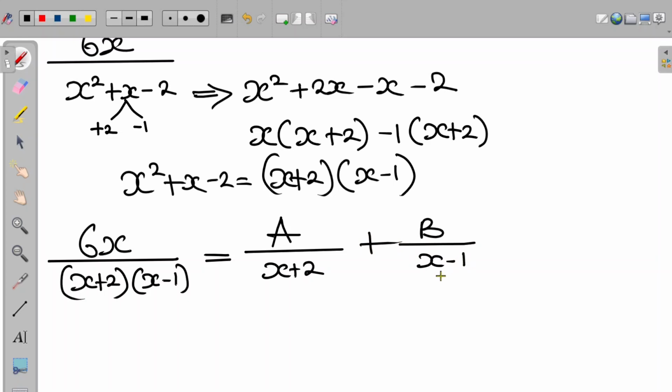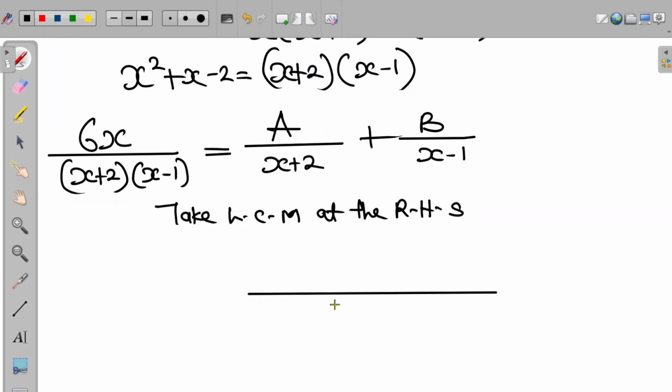Now, to obtain the values of a and b, the first thing we do is that we take LCM at the right-hand side. So if we take LCM at the right-hand side, we have x plus 2 multiplied by x minus 1. So the LCM divided by x plus 2 will be left with x minus 1. So we have a multiplied by x minus 1.